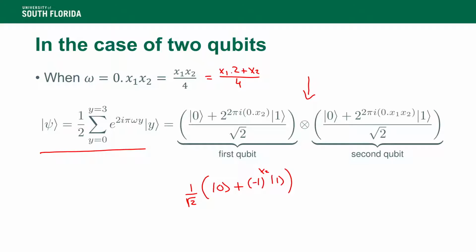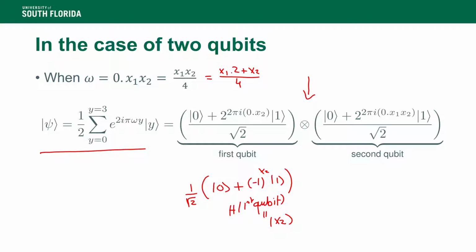So on the first qubit, you can apply the trick that we saw previously. So if I do H of the first qubit, what do I get? I get exactly x2.